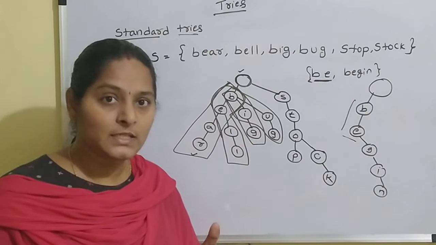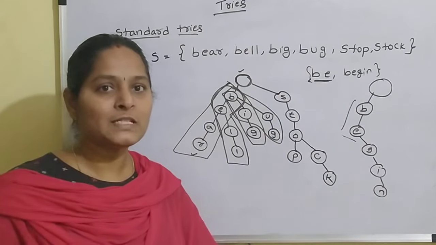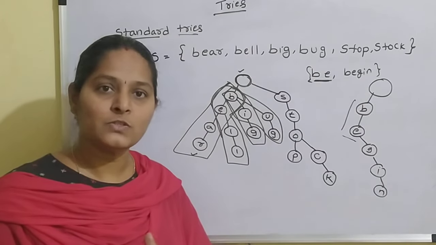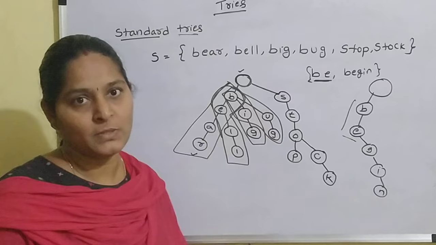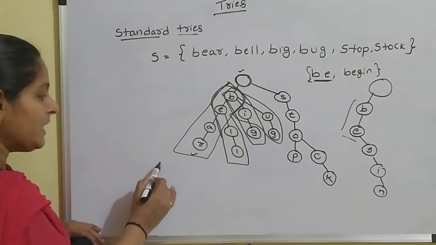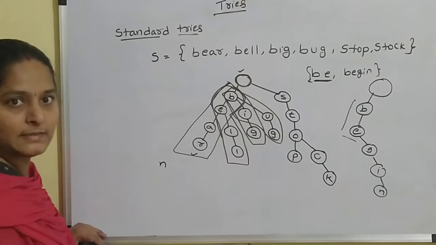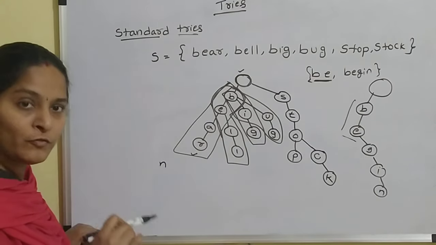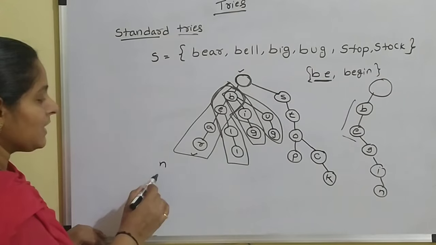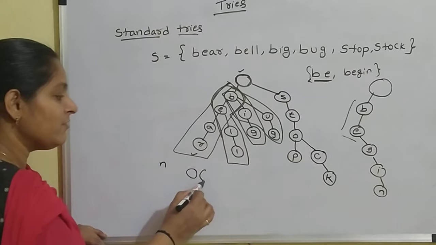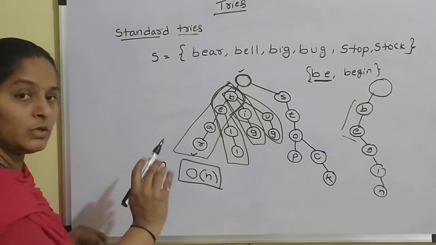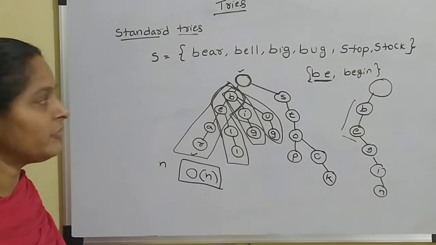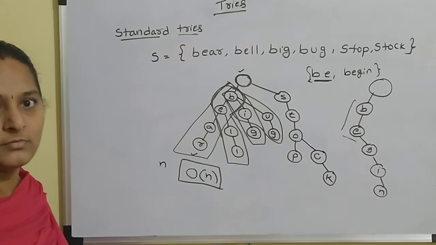So in the worst case, 6 nodes plus 1 root node, so 7 nodes will be there in the trie. Suppose n alphabets are there in your strings, then order of n will be the worst case space complexity for the standard trie.